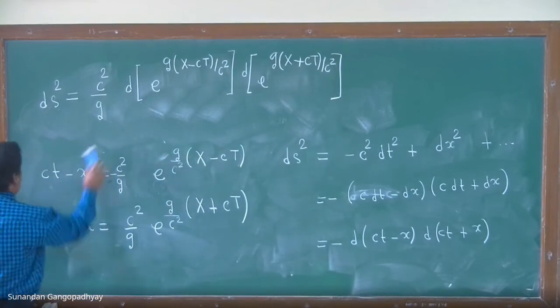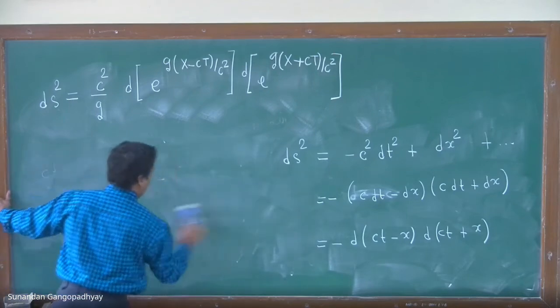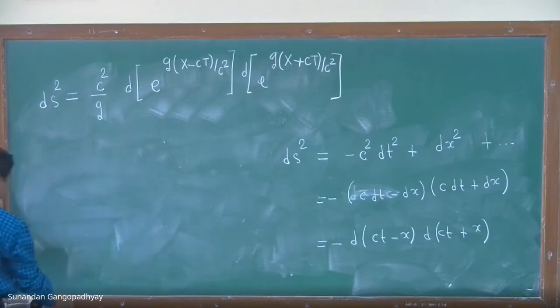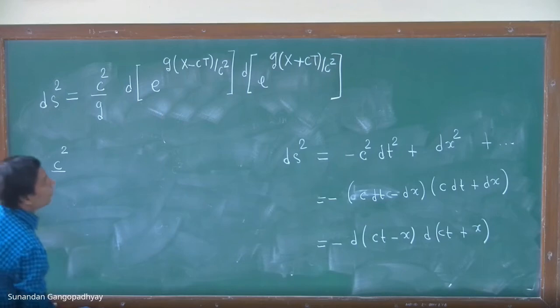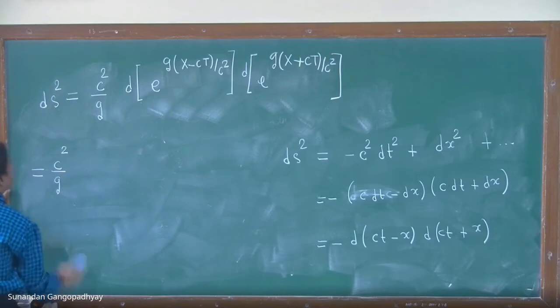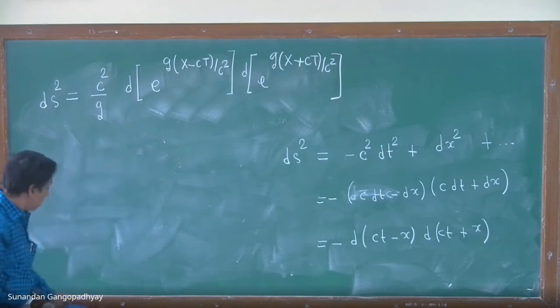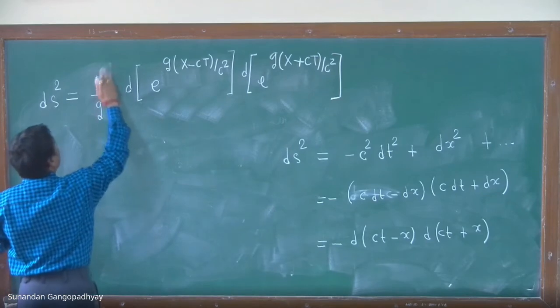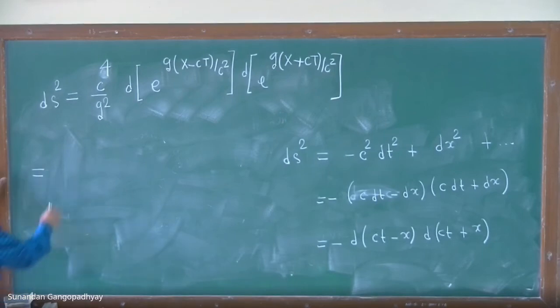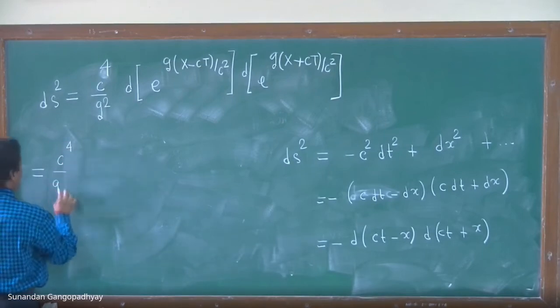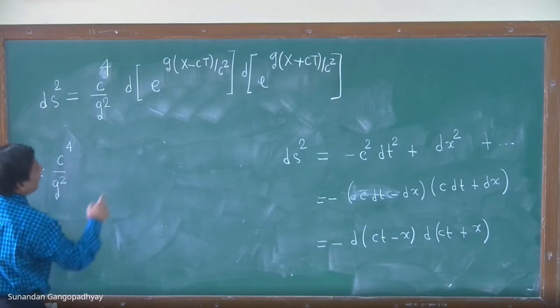We don't need these things anymore. This is equal to c to the power 4 by g square. So this is c to the power 4 by g square. And you take the derivative.